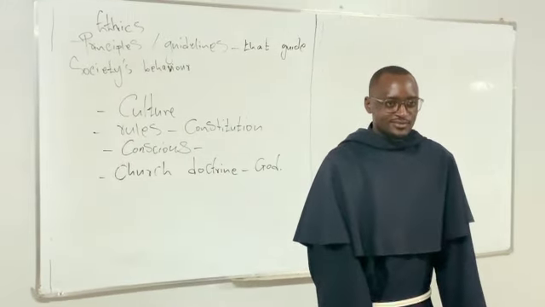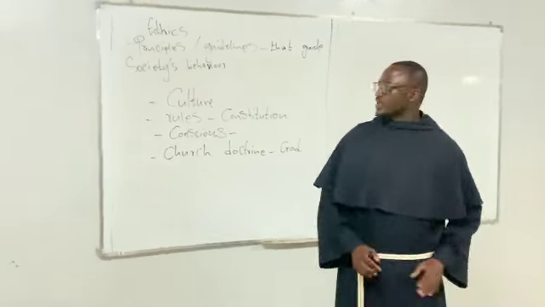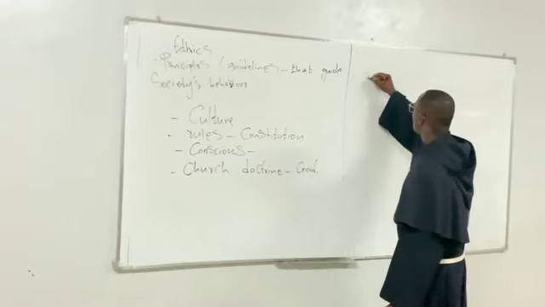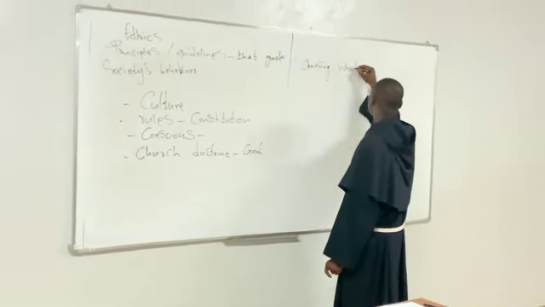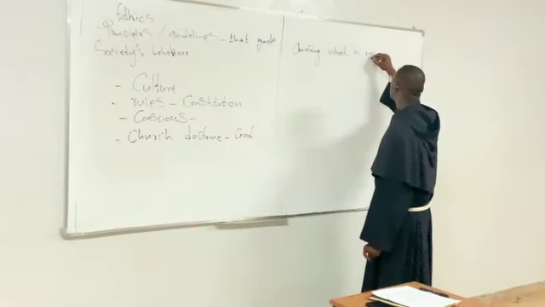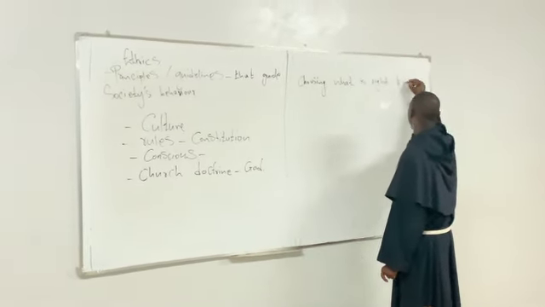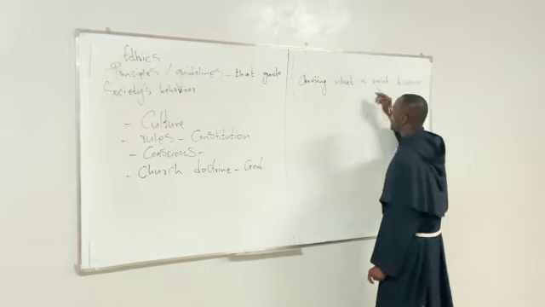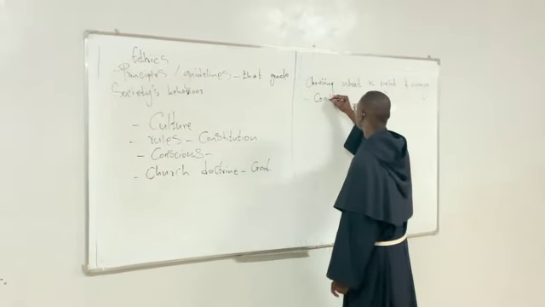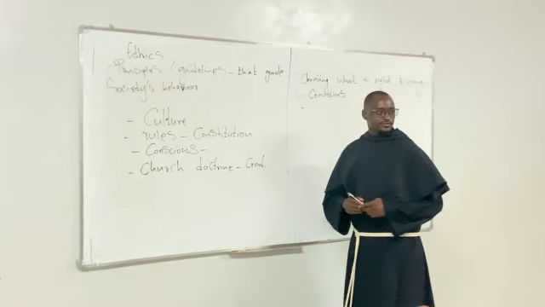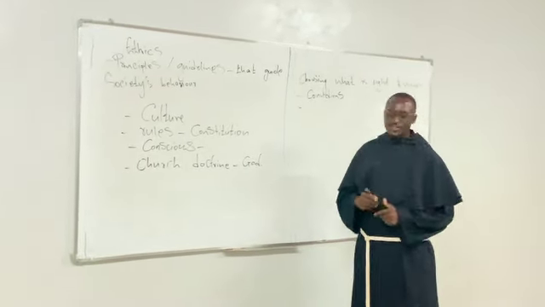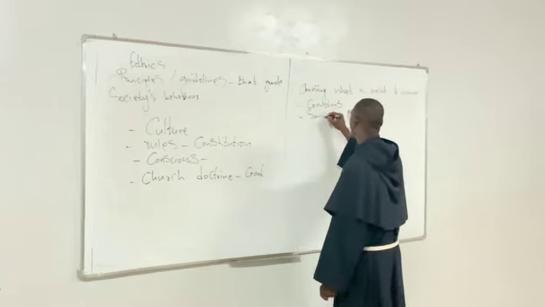Sometimes it could be our conviction. Our convictions. So when we say choosing what is right and wrong, we are saying our convictions. What else? Sanctions. So sanctions or penalties.